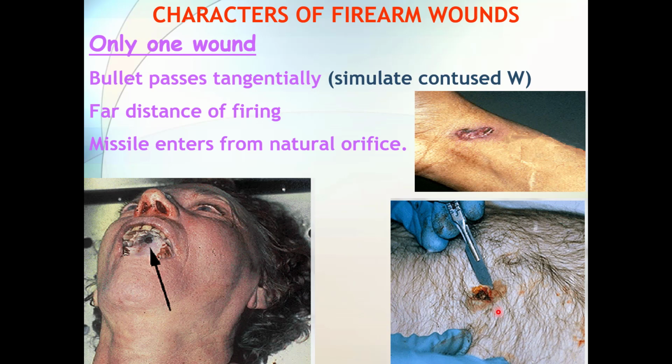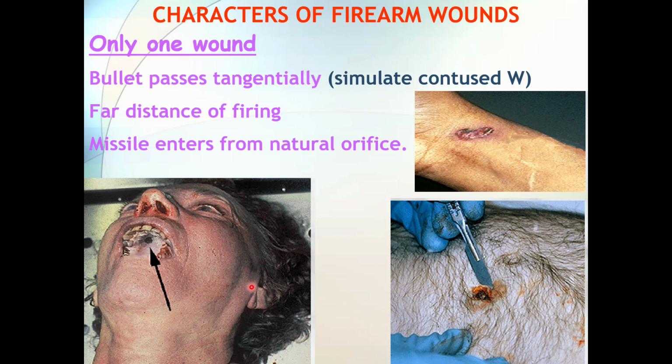Also, the bullet may pass into the body and be retained inside the body. When we do an X-ray, we find a retained bullet inside the body and a single wound, and this wound is the inlet of the firearm. Also, we found an apparently single wound in case the bullet passed from a natural orifice.